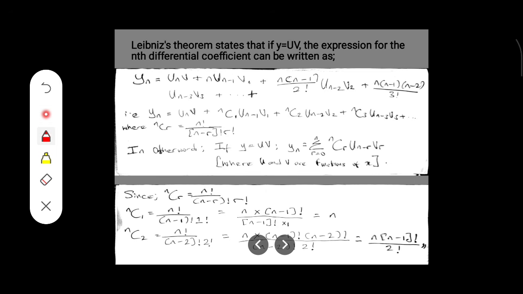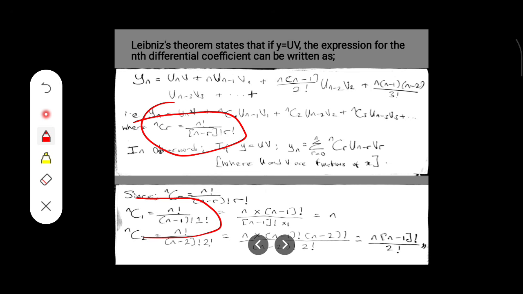Using the combination formula, which says that n combination r is equal to n factorial over (n minus r) factorial multiplied by r factorial. So if I want to find the value for n combination 1, I get n factorial over (n minus 1) factorial multiplied by 1 factorial.